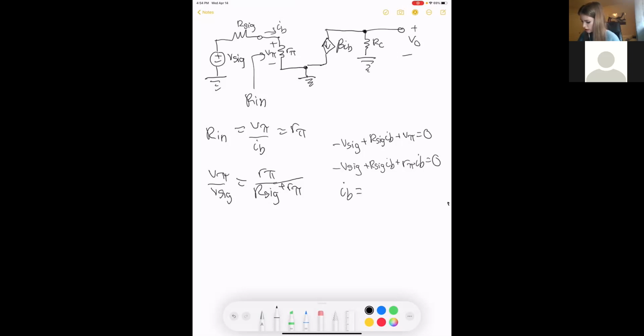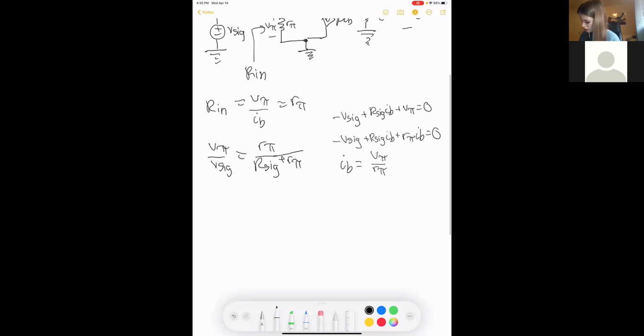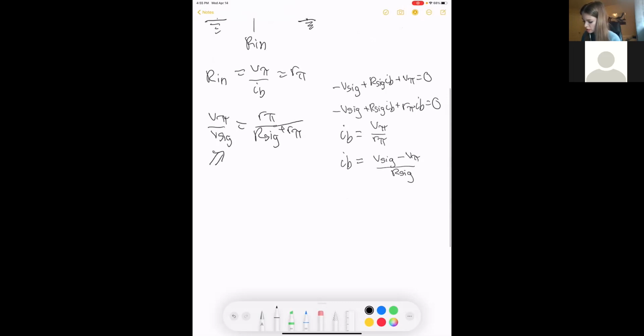IB you can say is V pi over r pi, and you can also say that IB is V sig minus V pi over R sig. So from this, we get this equation here. We're going to rearrange, and we're going to get V pi over V sig is equal to r pi over R sig plus r pi.